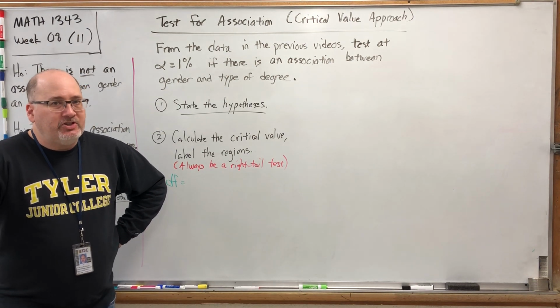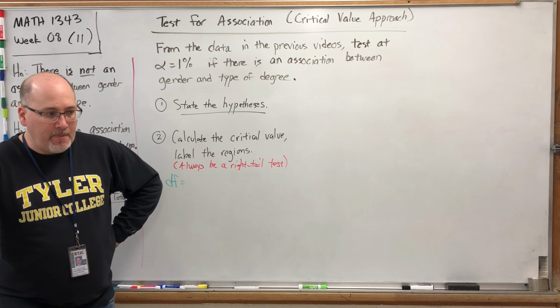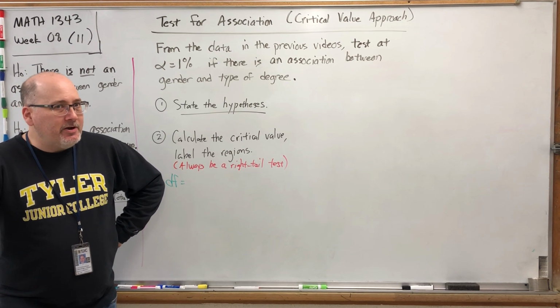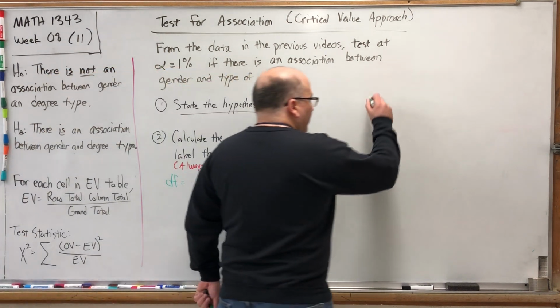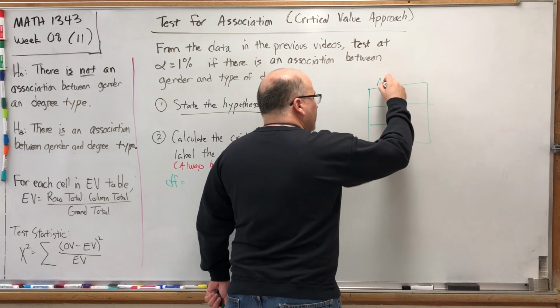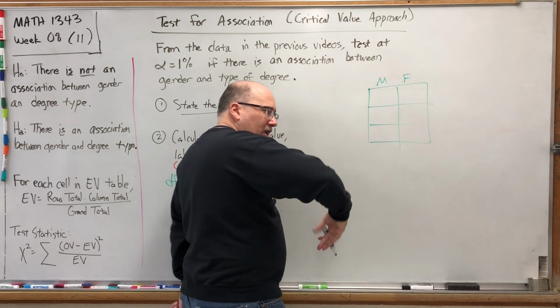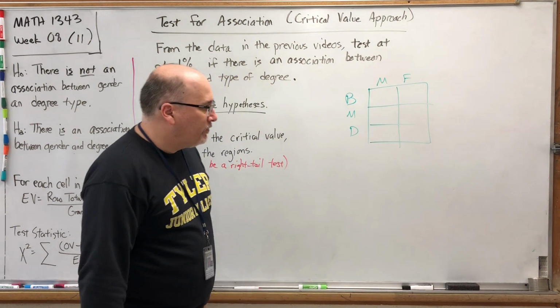For a goodness of fit test, you had k categories, and the degrees of freedom was k minus 1. It's kind of the same thing here with a little bit of a twist. Recall that we had a 2x3 contingency table, males and females separating the columns, bachelor's, master's, and doctorates separating the rows.